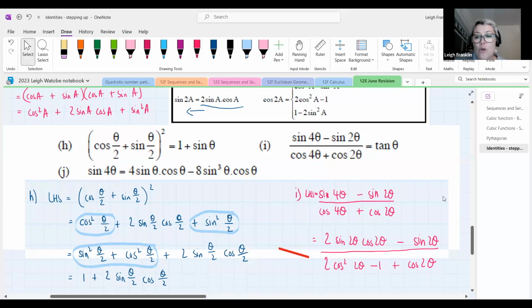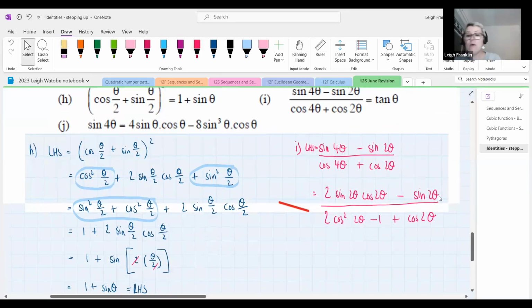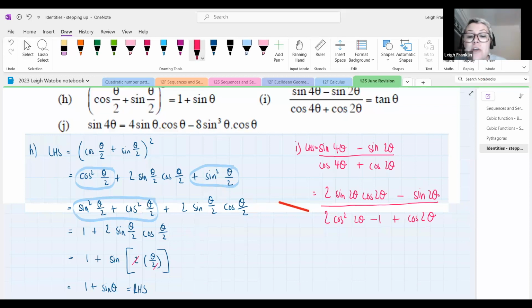Now, your teachers and me, all of us, are guilty of saying to you, when you see sine 2 theta, you write it as 2 sine theta cos theta, isn't it? So that's what you always think you should do. This is the exception. Do not simplify it anymore.